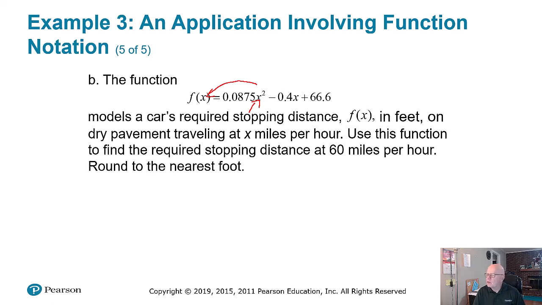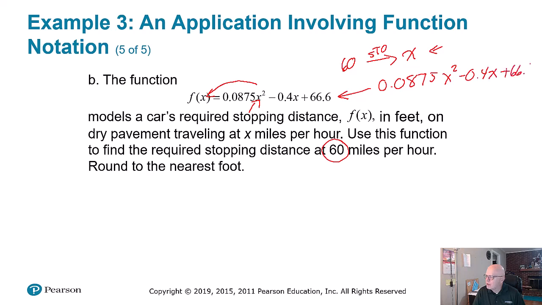One way you can do that with your graphing calculator is to take, for example, the 60, store it in the x in your calculator, and then type in this function right here: 0.0875x squared minus 0.4x plus 66.6, and you can get your estimate.